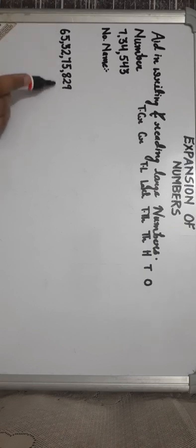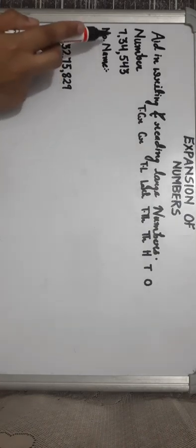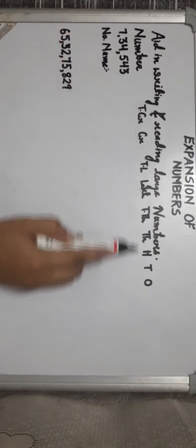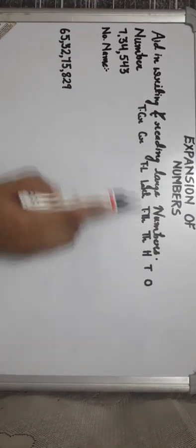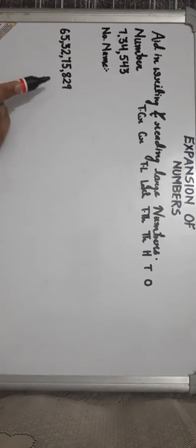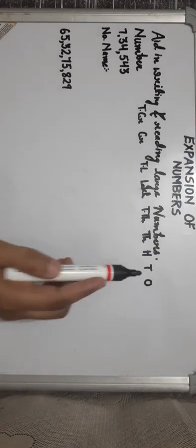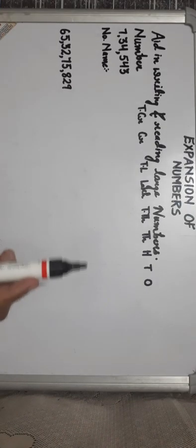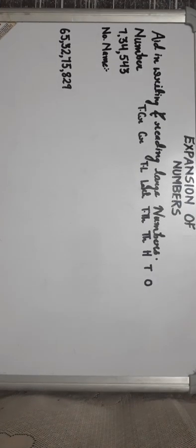These big numbers are very difficult to read and write without any aid, without any help. We use commas, or we use this approach, to make it easier to read and write these numbers. This approach will also help you in expansion of a number. We will see it later.